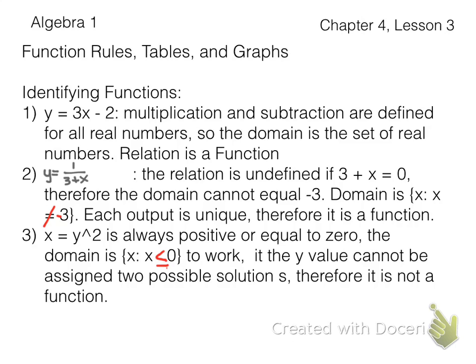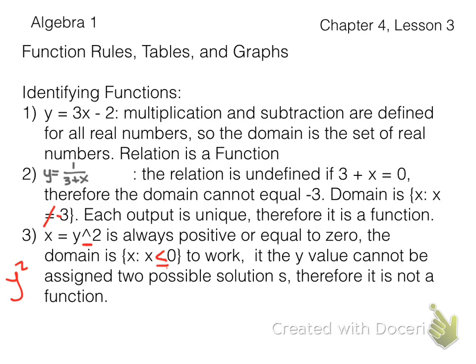Okay, so for the last one, we have an exponent. That's what the little caret means, by the way. So that's really y to the 2nd power. Okay, so if x equals y to the 2nd power, it's always going to be positive or 0, because a negative times a negative is positive, a positive times a positive is positive.